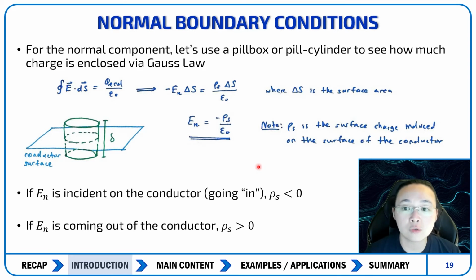All in all, these two types of boundary conditions actually help prove the different characteristics of conductors. Being able to explain those 5 different characteristics, like I said, would be very, very important.